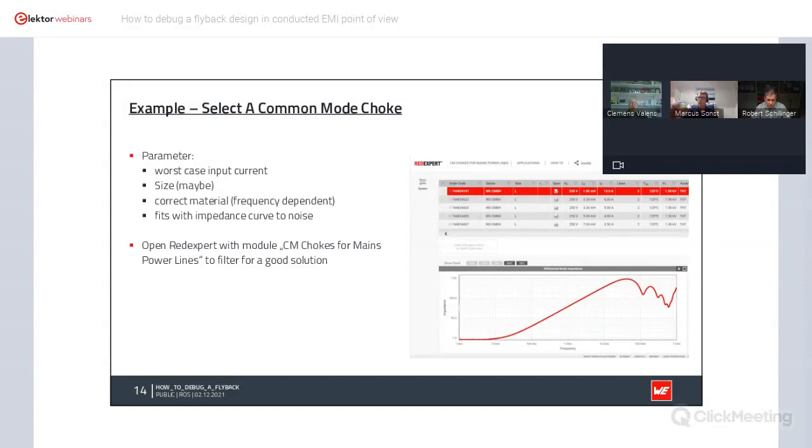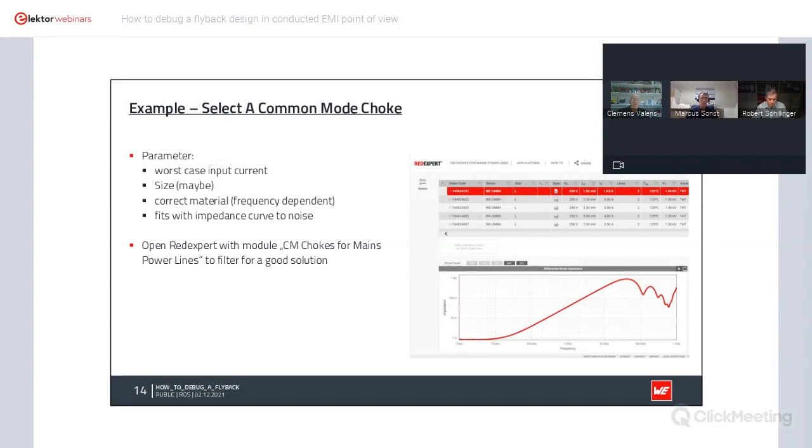Okay, to select the correct component, I will start with the common mode choke to try to reduce the common mode noise around 10 megahertz.